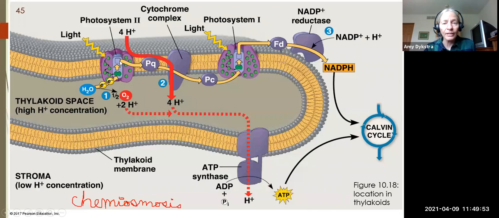Then that electron is passed in a series of redox reactions through plastoquinone and cytochrome and plastocyanin until that electron arrives in photosystem 1 in another pair of chlorophyll A molecules. And another electron gets boosted up to an electron acceptor.